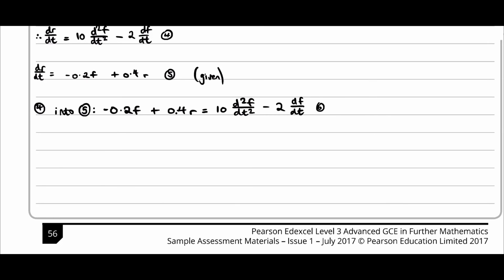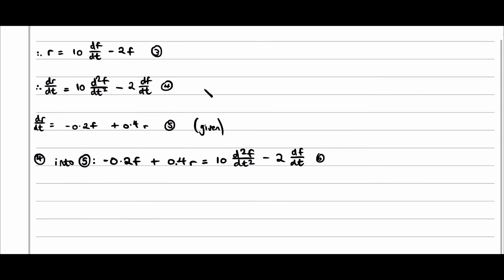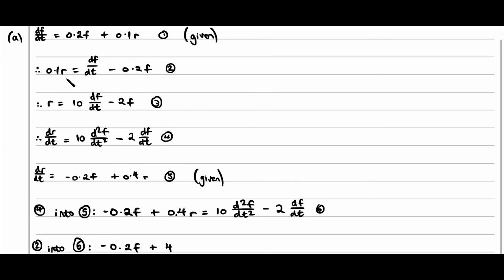So equation 2 is this one. Here we have 0.4R, and if I multiply equation 2 by 4, we have 0.4R.